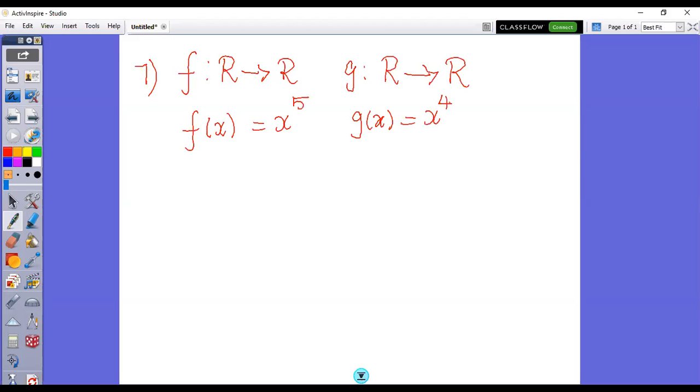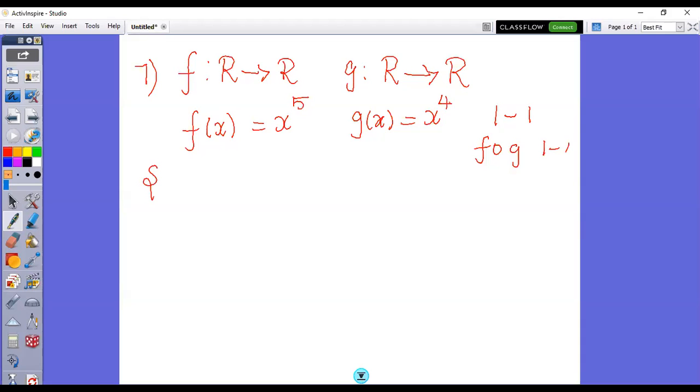Check if f and g are one-one functions and if f composite of g is a one-one function.